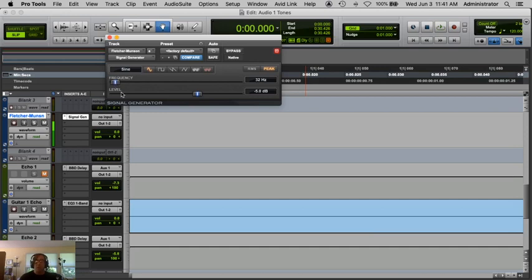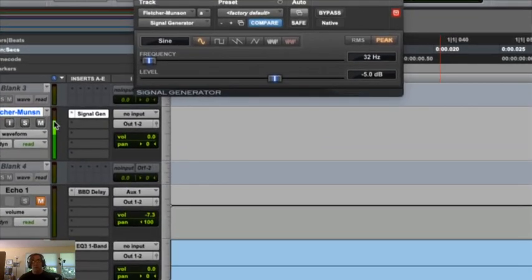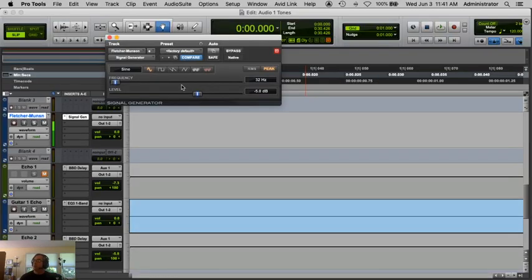I can start hearing that now, and you could probably hear it, but this meter hasn't moved. This is telling us how loud the signal is coming into our DAW. To me, this sounds almost like a rumbling sound.